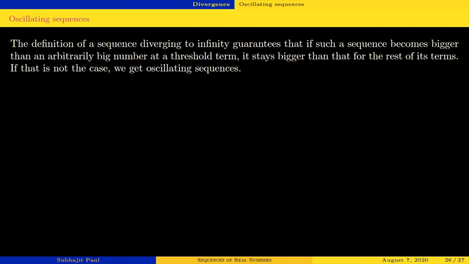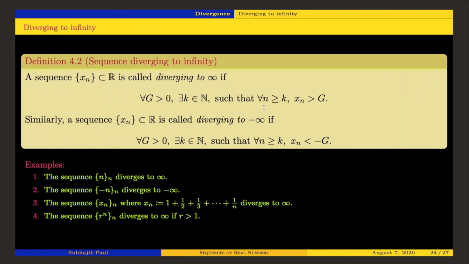Next up we have oscillating sequences. The definition of a sequence diverging to infinity guarantees that if such a sequence becomes bigger than an arbitrarily big number at a threshold term, it stays bigger than that for the rest of its terms. So it is, for all n greater than or equal to k, xn stays more than g.